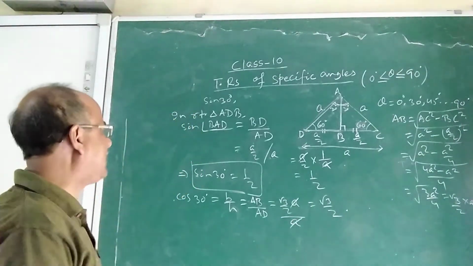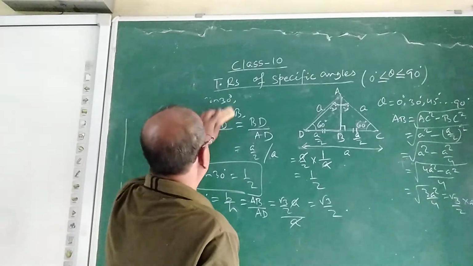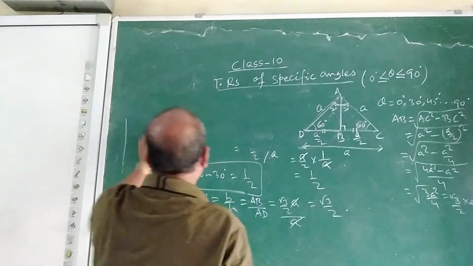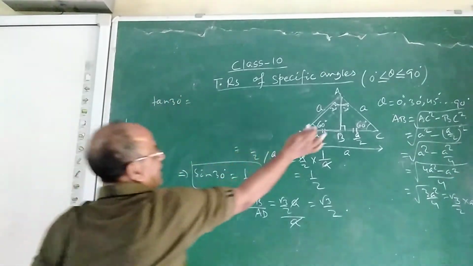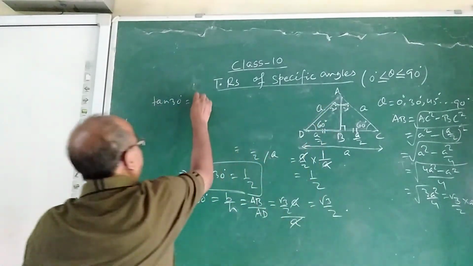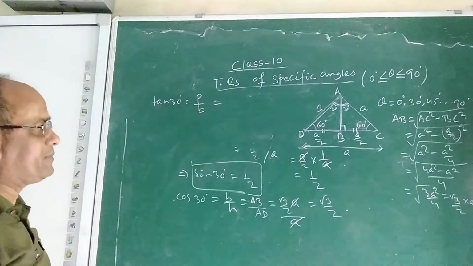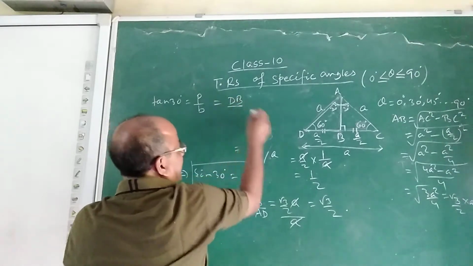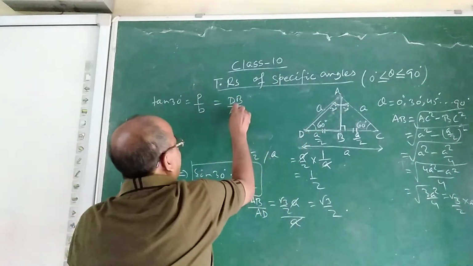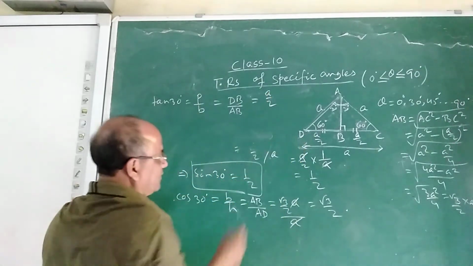Similarly, you can find tan 30 also. We can find all the trigonometric ratios. So now let us find out tan 30. Tan 30 degree in this triangle ABD equals P by B. What is the formula? P by B. P means which one? DB, divided by B, which means AB. Now what is the value of DB? DB value is A by 2. And what is the value of AB?